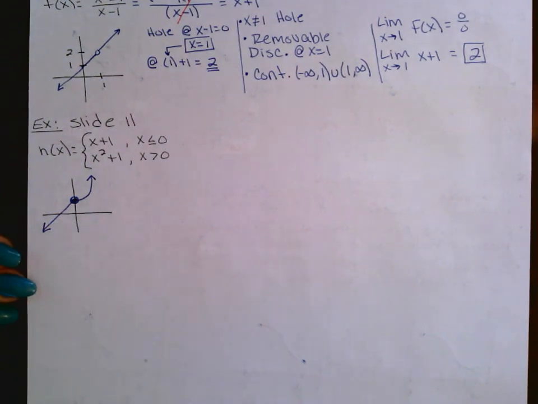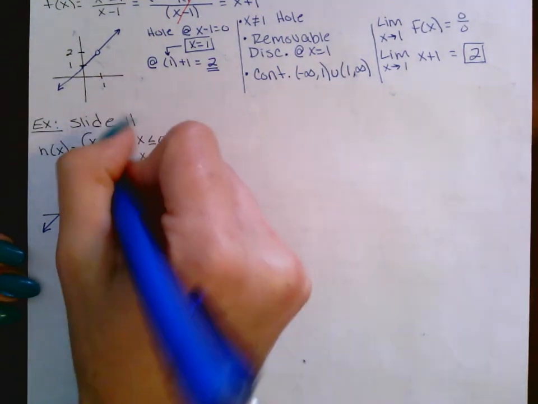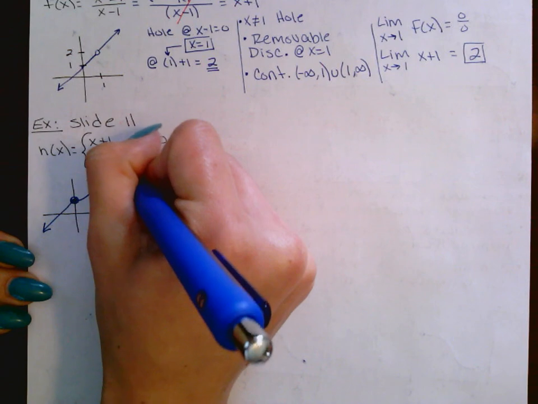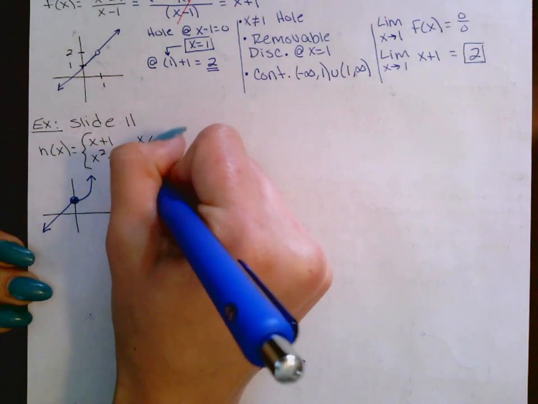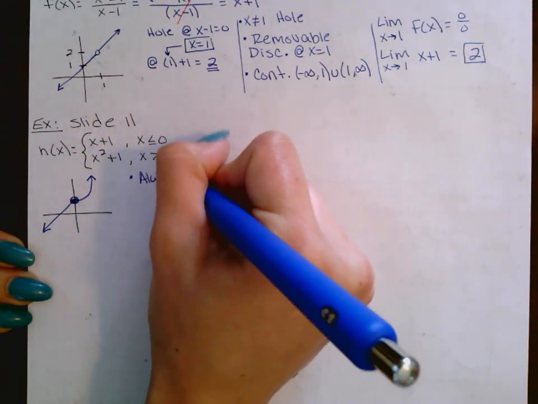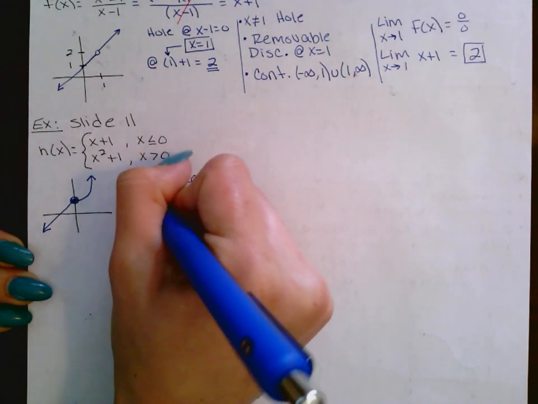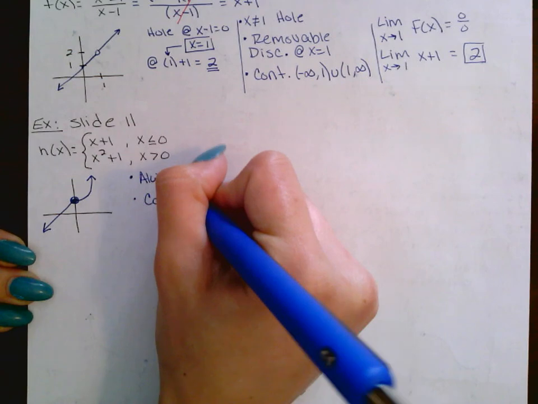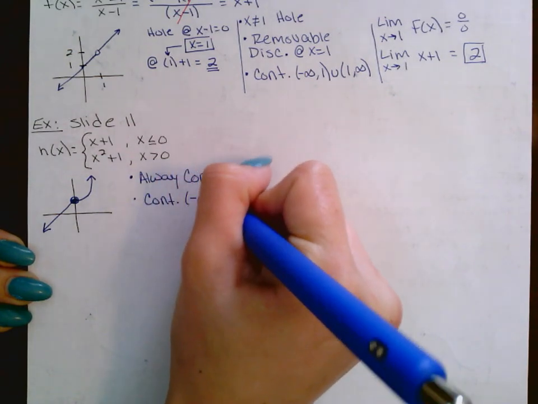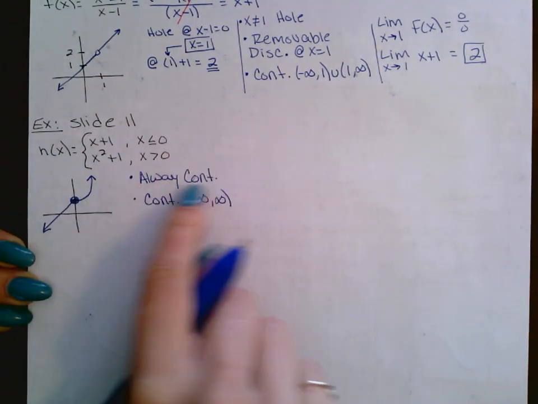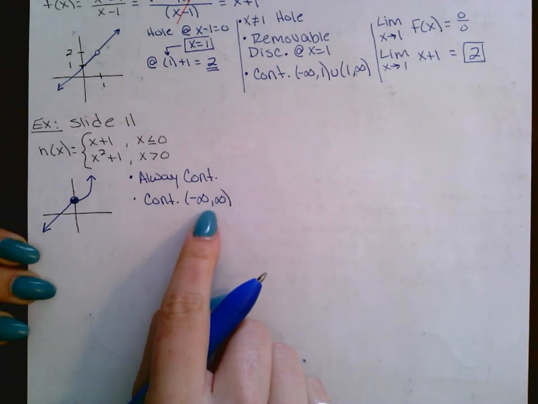So, this is nice because I could say a few things. I could say always continuous, or I could say continuous from negative infinity to infinity. Okay, so this is kind of verbally how we say it. This is mathematically how we write it.